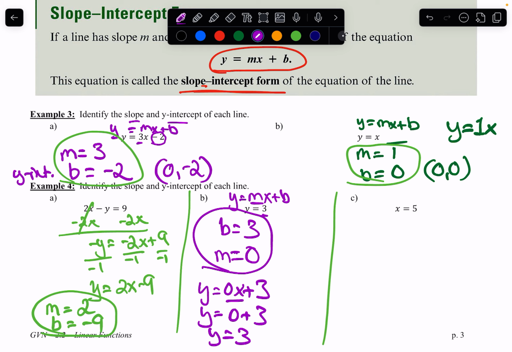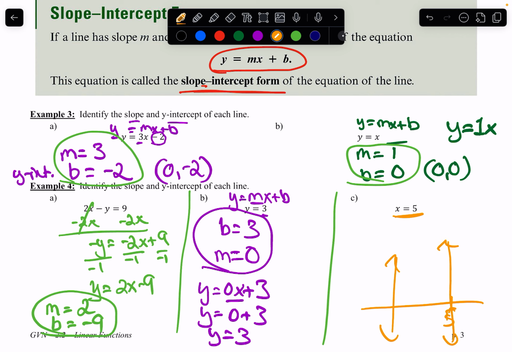Well, this one here, C, x equals 5, we don't have a y. So what does that look like if we graph it? So there's x equals 5. It means that it would be a vertical line.